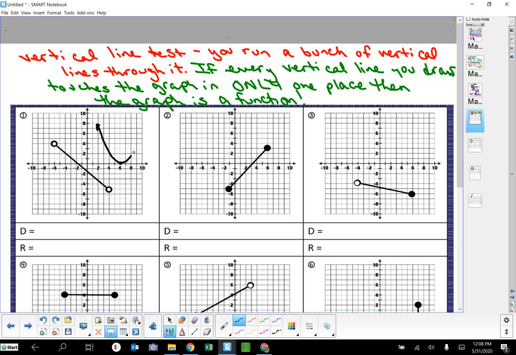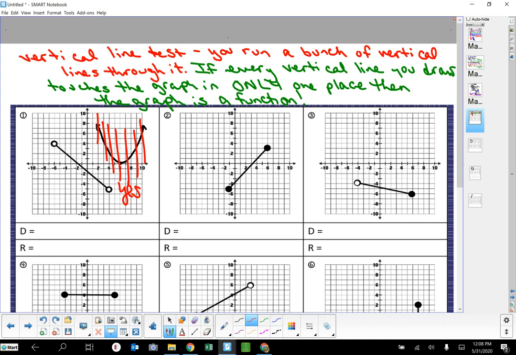That's a better parabola. If that was the graph you had and you drew a bunch of vertical lines through that, do the vertical lines hit the parabola in one and only one place? Yes, they do. So yes, that parabola would be a function.